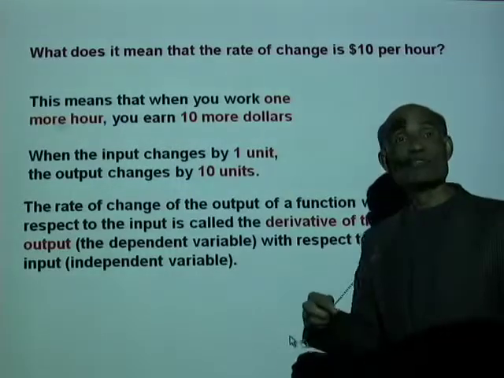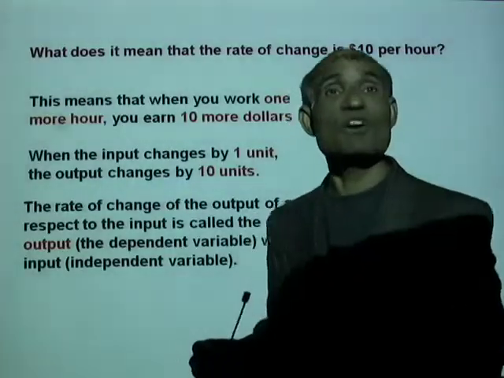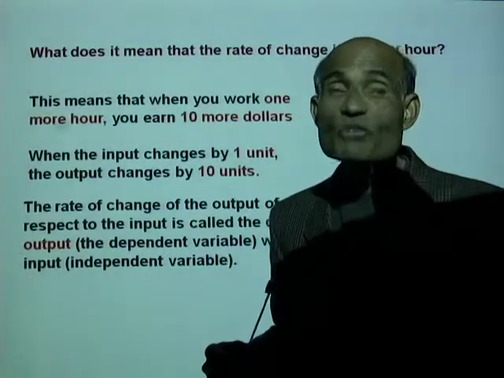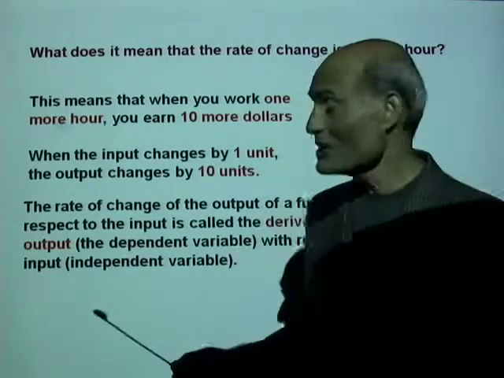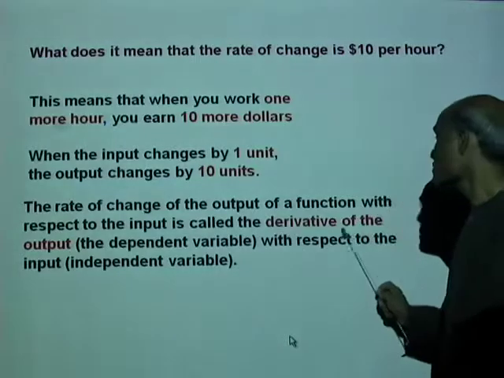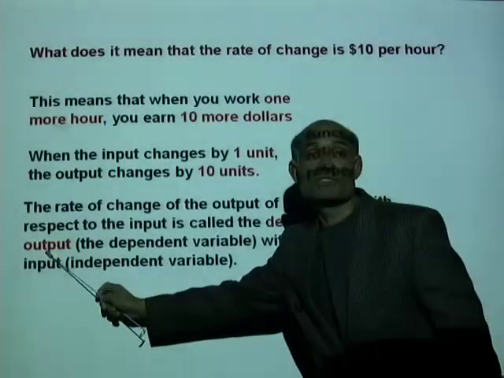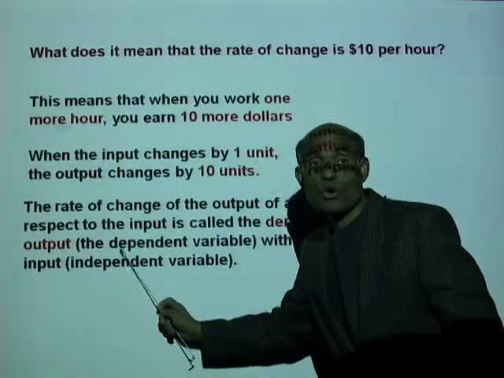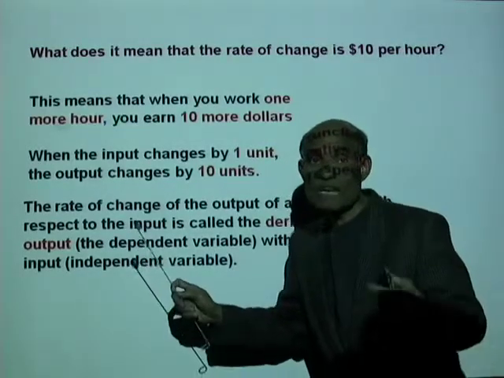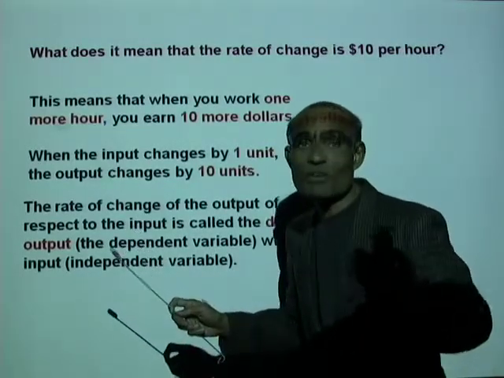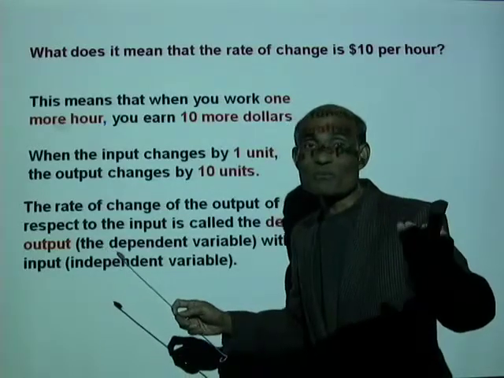Now, the rate of change of a function with respect to the input is called the derivative of the output. Now the output is also called the dependent variable, isn't it? A function has an independent variable and a dependent variable.